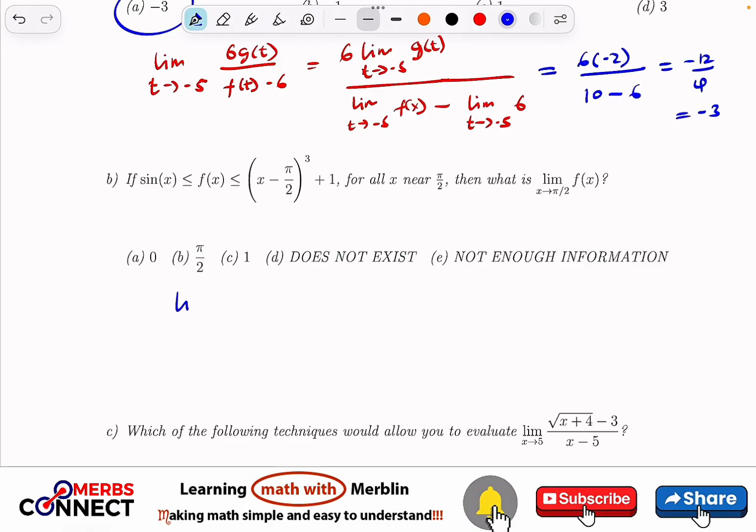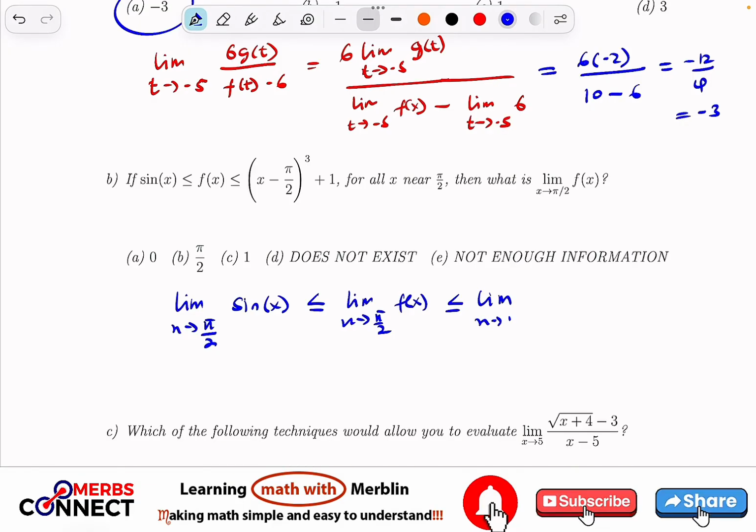So let's do that. The limit as x approaches pi divided by 2 of sine of x is less than or equal to the limit as x approaches pi on 2 of f(x), which is less than or equal to the limit as x approaches pi on 2 of (x minus pi over 2) cubed plus 1.